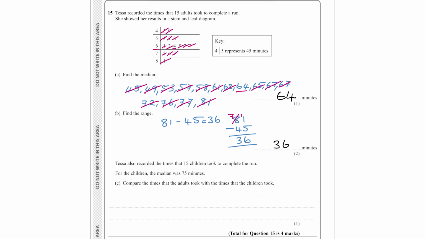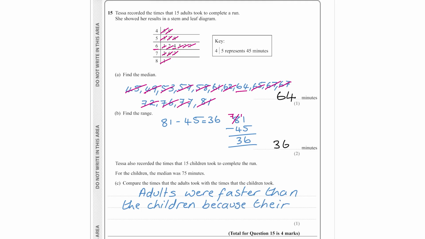So be descriptive here, make sure you're answering the question. And adults were faster than the children because their median average score was lower.